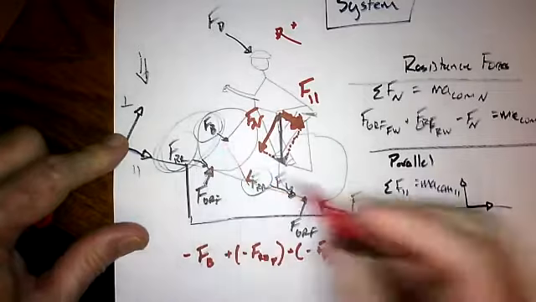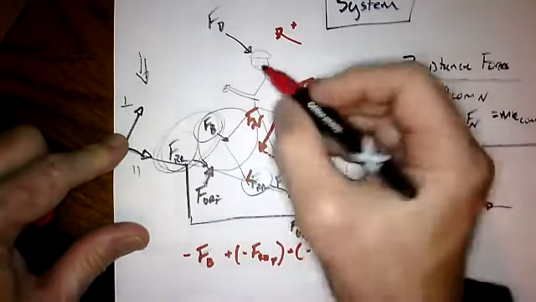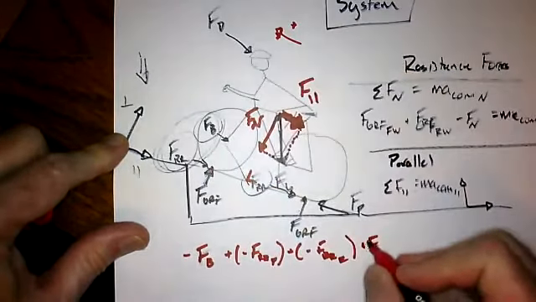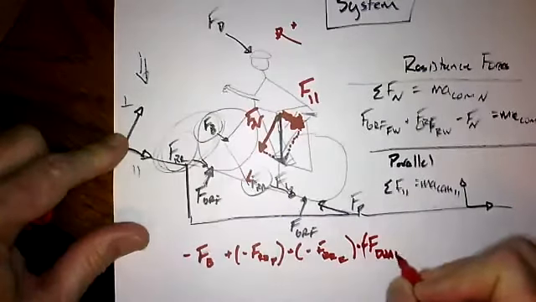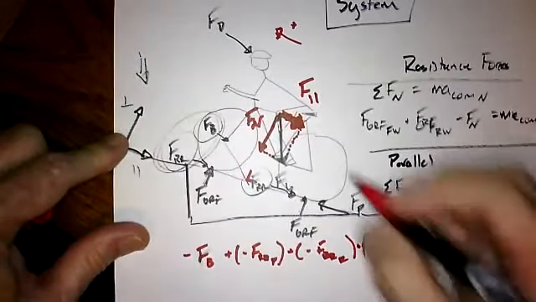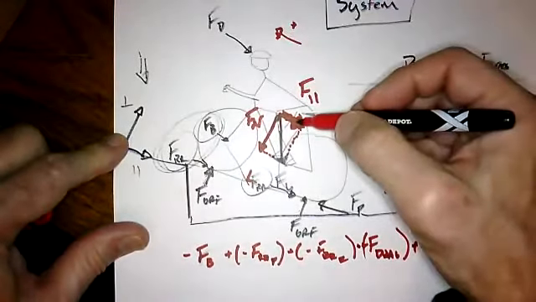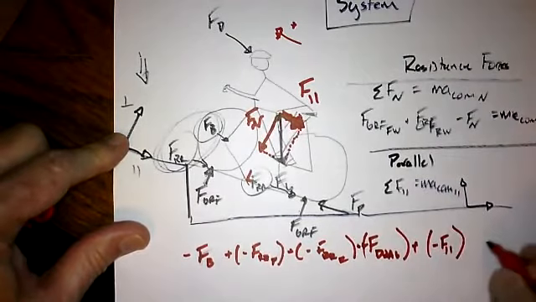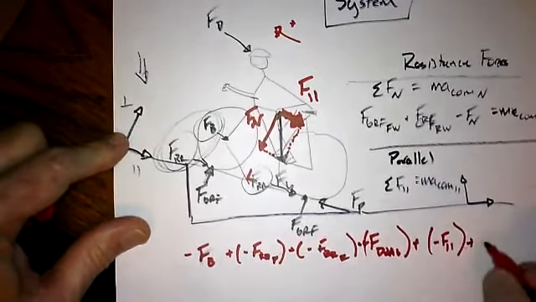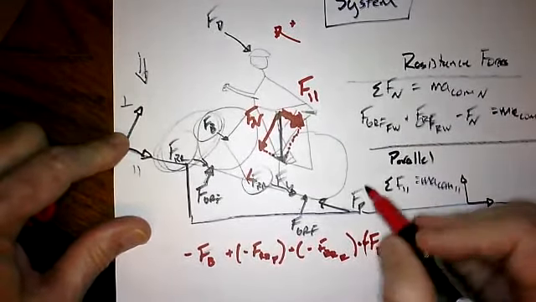What else do we have here? Plus negative drag, air resistance, plus the parallel component, which is going to be negative, plus propulsion force.